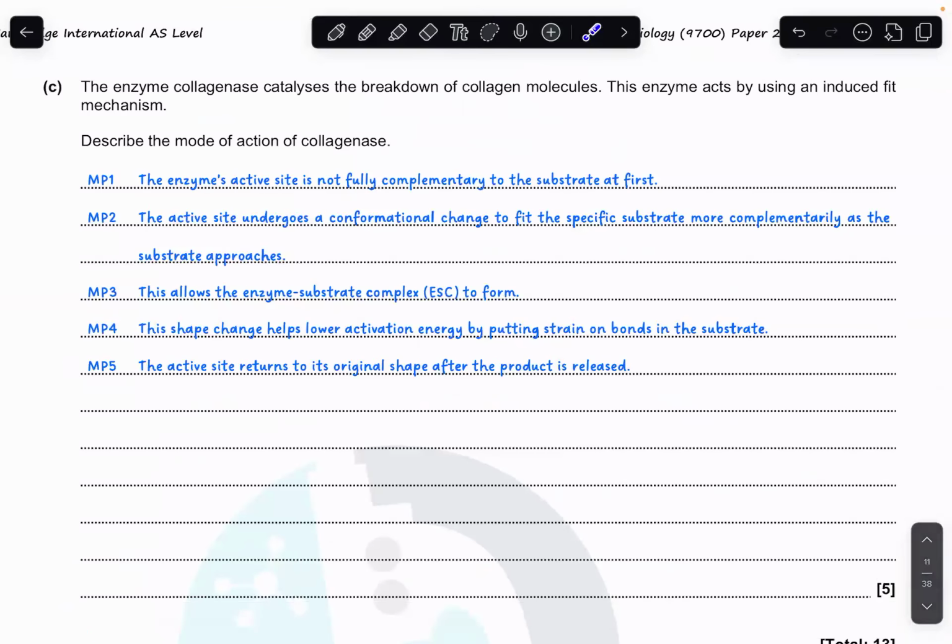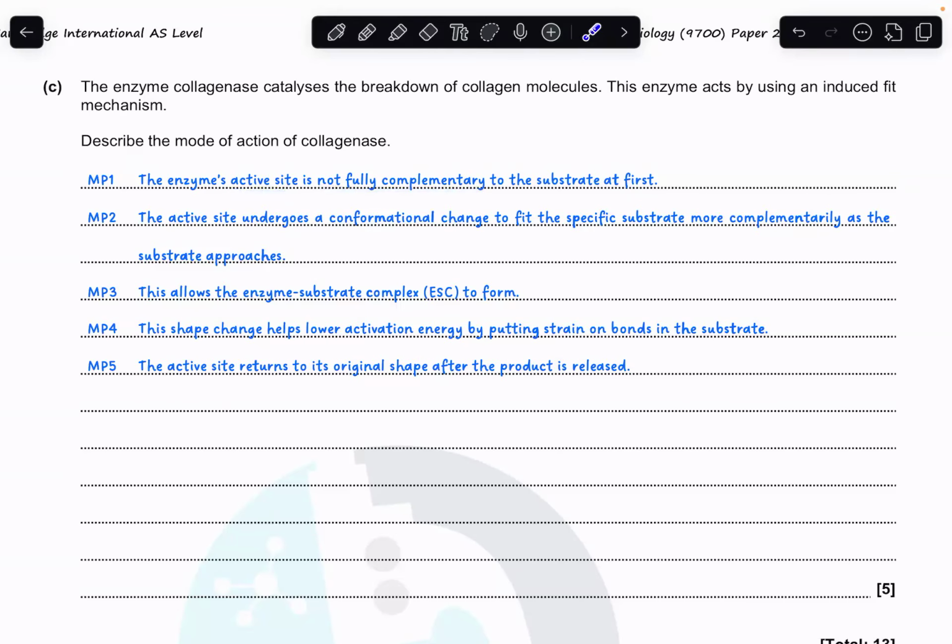Okay, so the enzyme collagenase, basically the enzyme that breaks down collagen, acts by using an induced fit mechanism. So describe the mode of action of collagenase. So again, the enzyme's active site is not fully complementary.